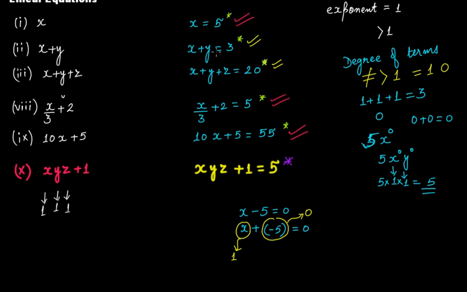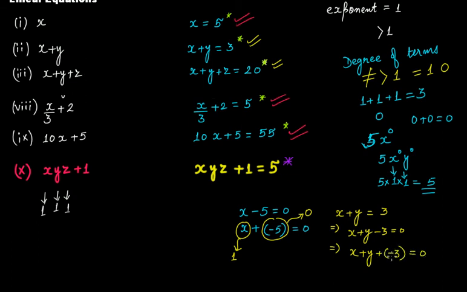What about this one? Is this x plus y is equal to 3? We can write this as x plus y minus 3 is equal to 0, and it can be written as x plus y plus minus 3 equal to 0.